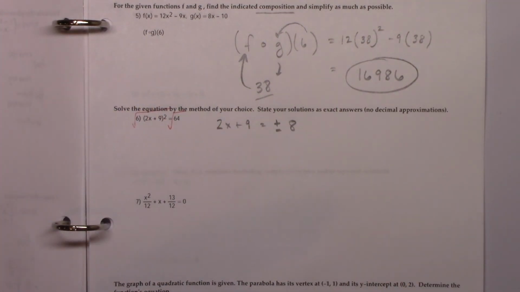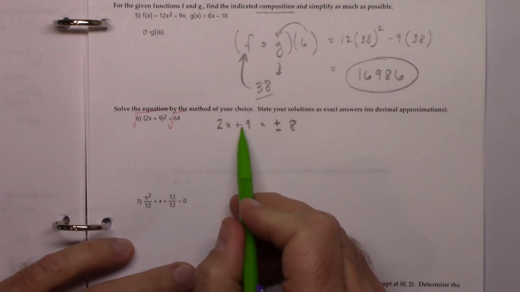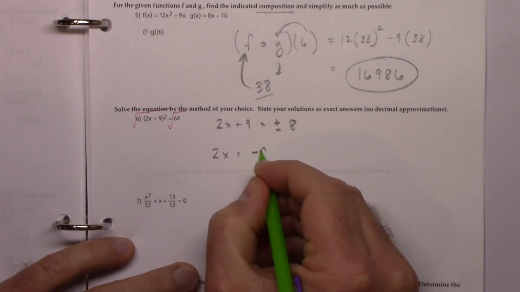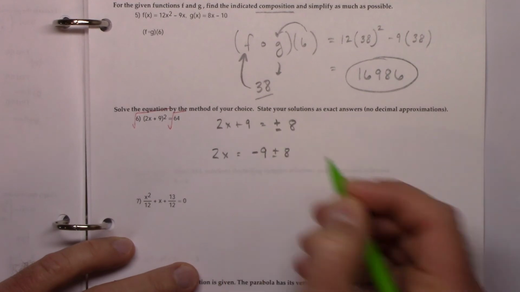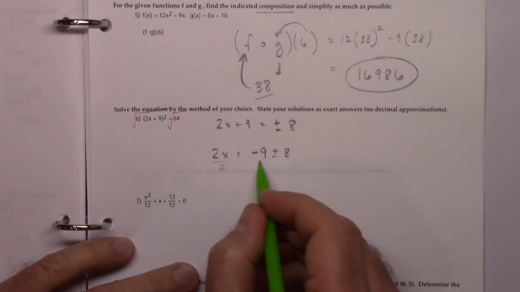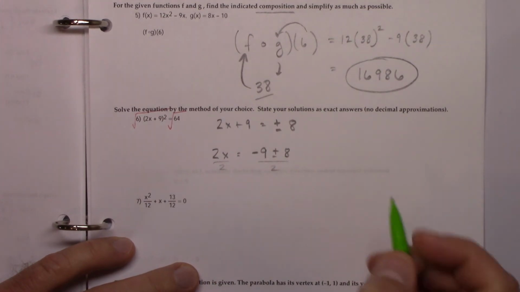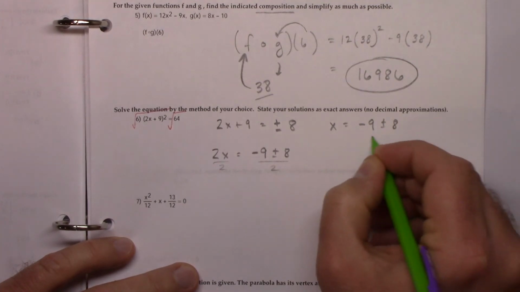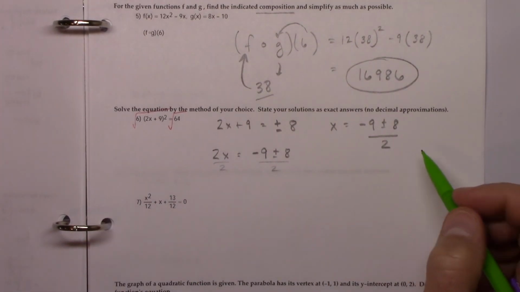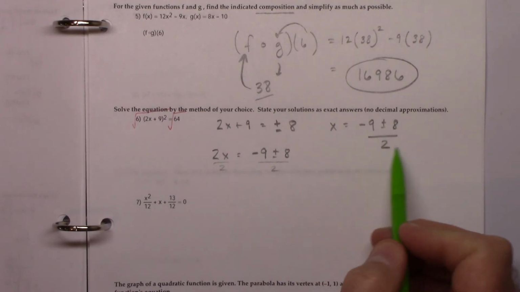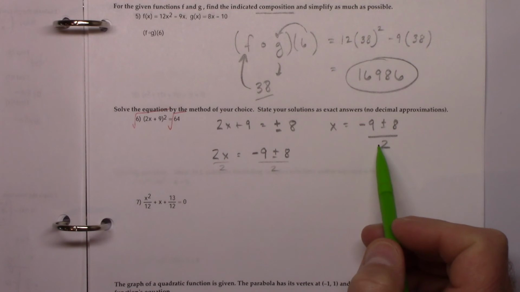Now, let's go ahead and solve for x. Follow your normal steps. I'm going to subtract 9 from both sides, so 2x is equal to negative 9 plus or minus 8. And then for the last step, let's go ahead and divide out the 2 on both sides. So x is equal to negative 9 plus or minus 8 over 2. Now, they ask us here to state exact answers. So you want to play this out. There's 2 solutions here, right?